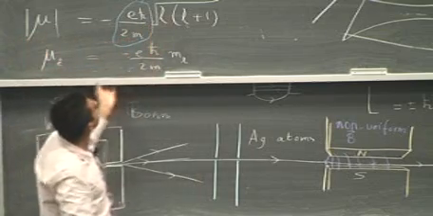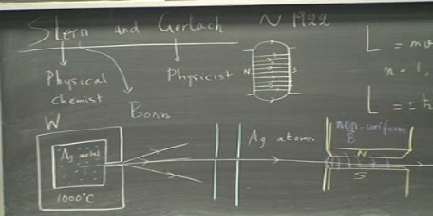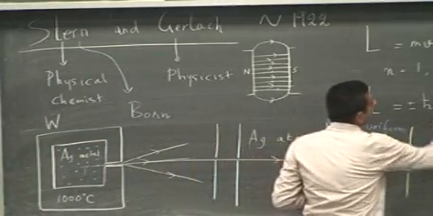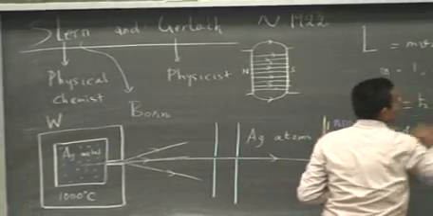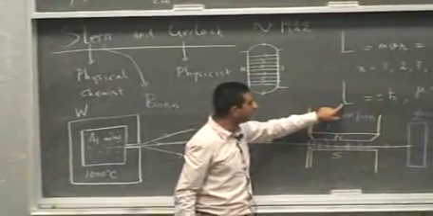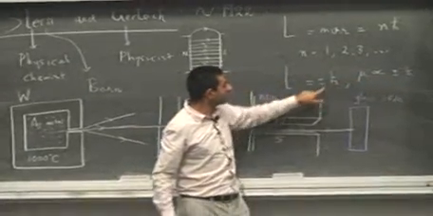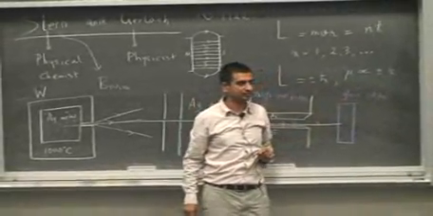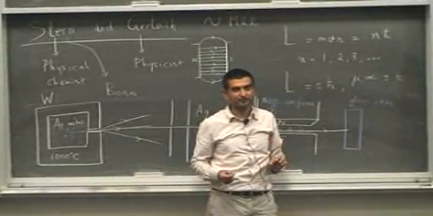Which means that mu could be proportional to plus minus h bar. Look, if L is plus h bar, mu will be proportional to plus h bar. If L is minus h bar, mu will be proportional to minus h bar. You get two values of the magnetic moment.